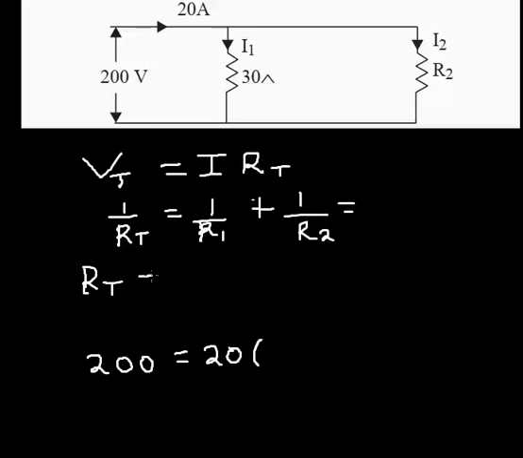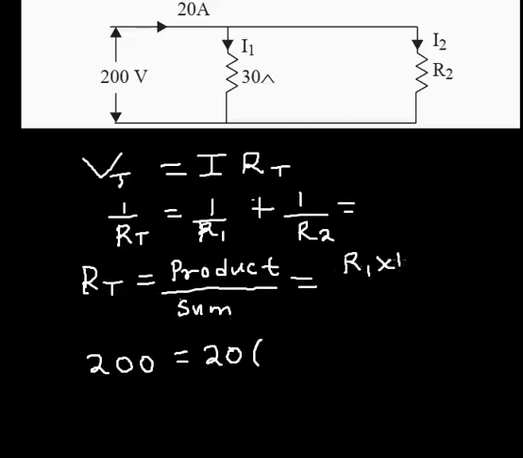Without going through the long process of finding the LCM, I'm going to apply the simple formula, product over sum: R1 times R2 divided by R1 plus R2. That's exactly what I'm going to do here.